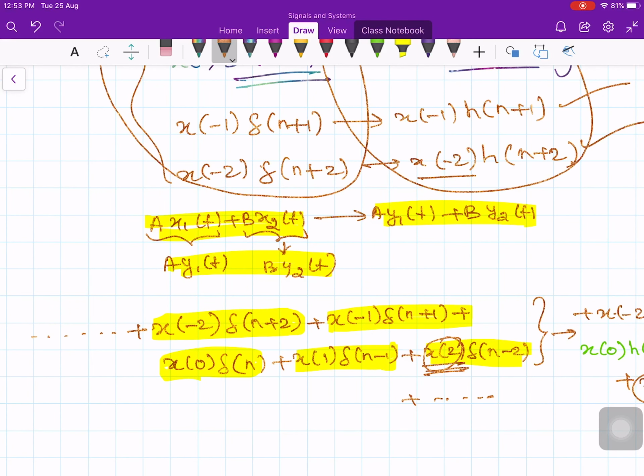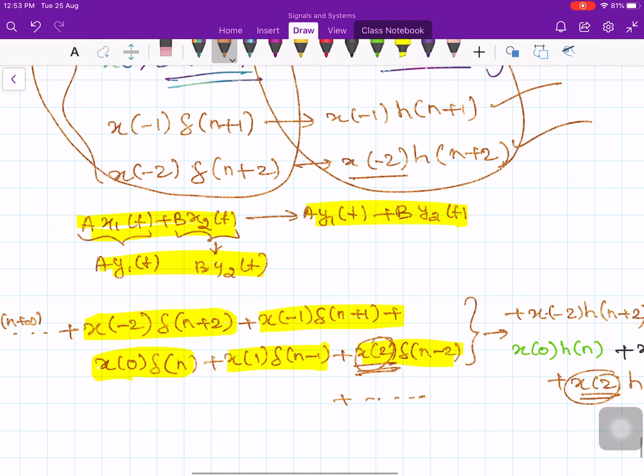I mean here I may have x of minus infinity and del of n plus infinity, and here it goes up to x of infinity and del of n minus infinity like this.